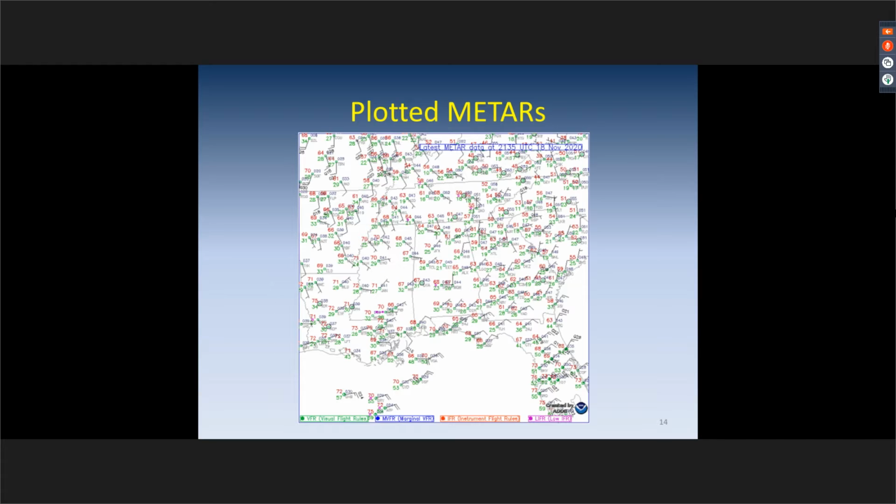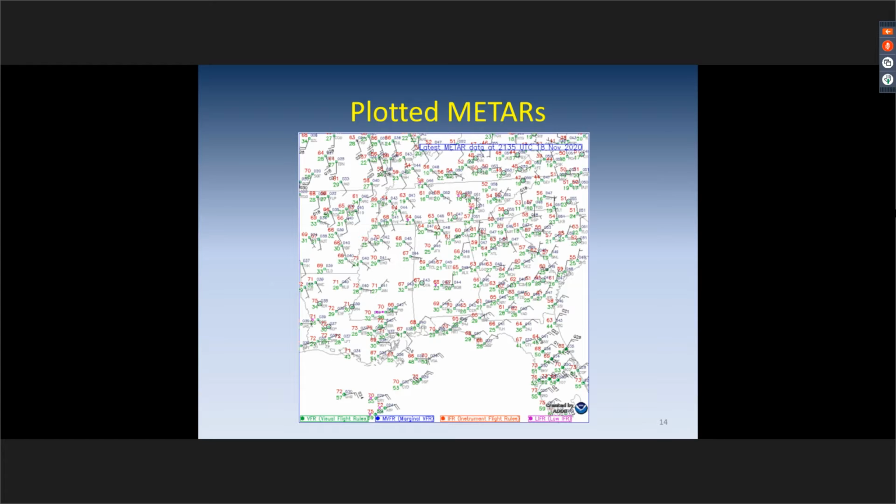But let's zoom in on one of these plotted METARs and break down what the different parts are that you're looking at here, because you may have attended one of our advanced classes, and one of your presenters might have talked about some of this when we talk about a particular event.